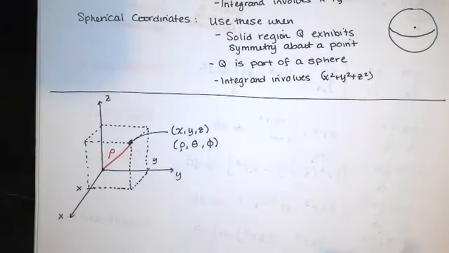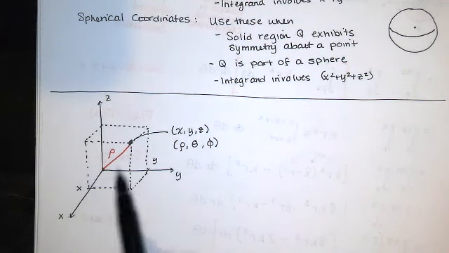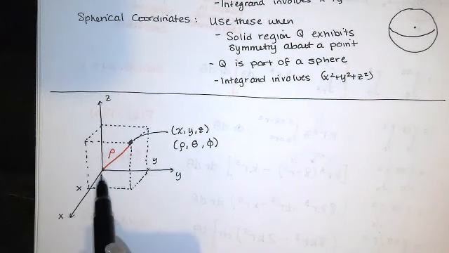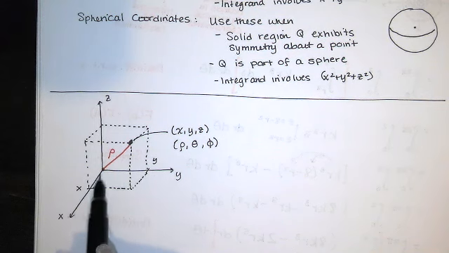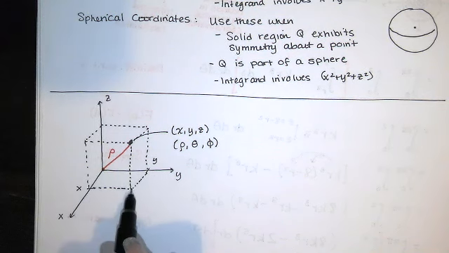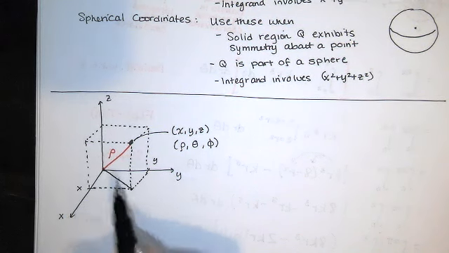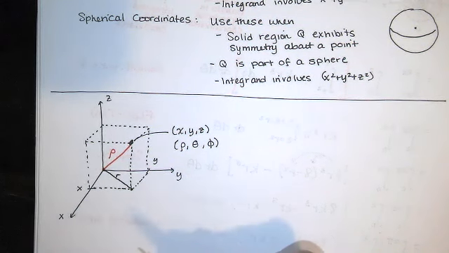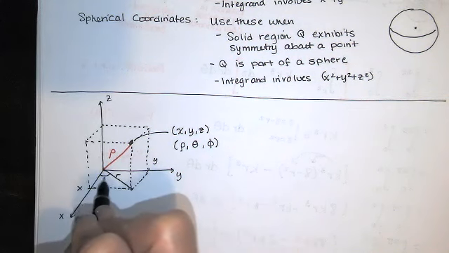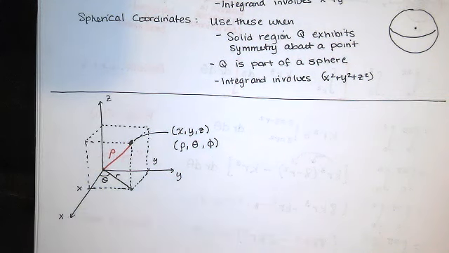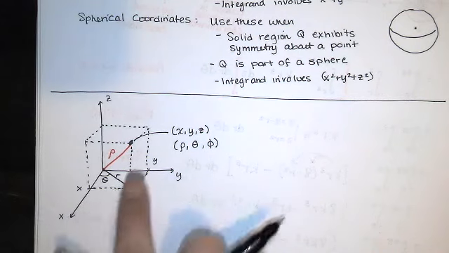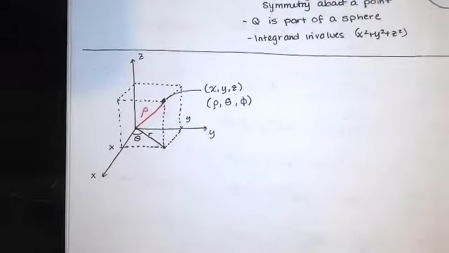Now theta is exactly the same theta from before, from polar coordinates. So if I make a line segment here in the xy plane to this point over here, that distance we typically called r in polar coordinates. Theta was the angle that line segment made with the positive x-axis. So theta is an angle, it sort of sweeps around the xy plane.